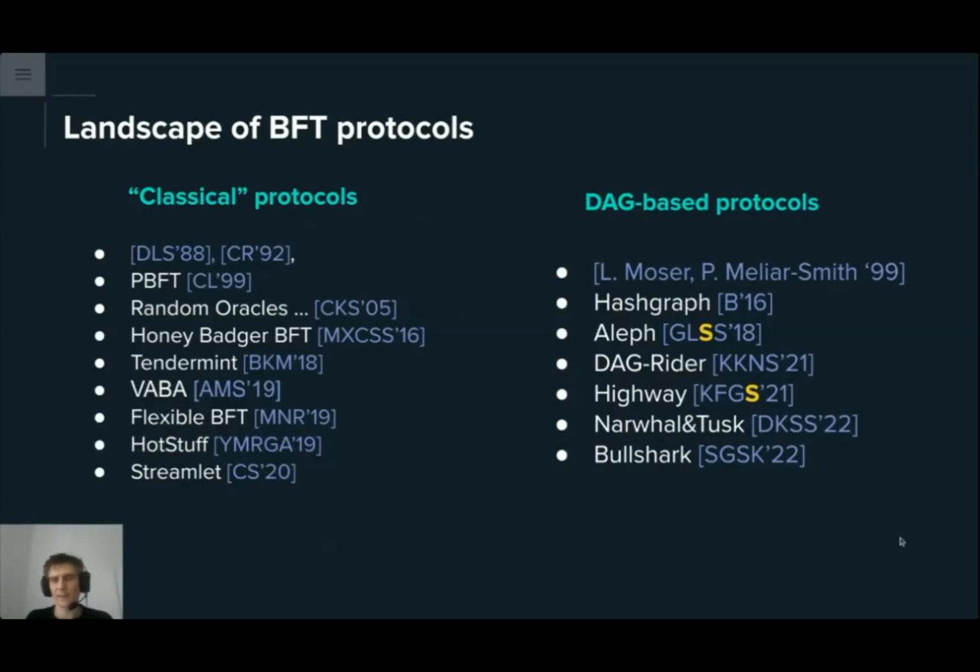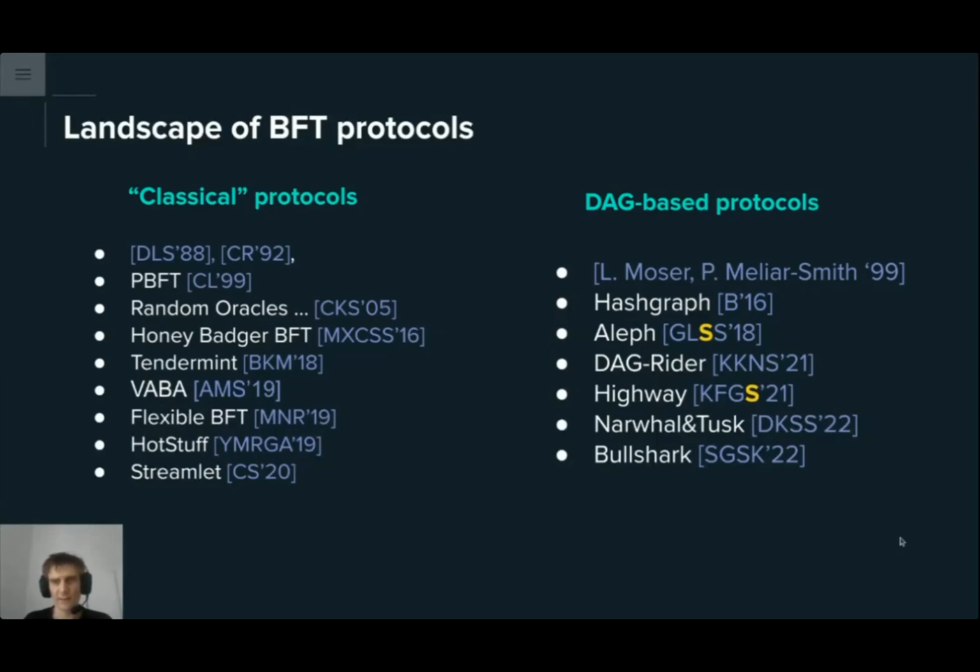Then on the right-hand side, I compiled a list of what I consider as DAG-based protocols. The first of them is the work of Moser and Meyer-Smith from 1999, where they introduced a very interesting protocol and an idea called virtual voting. I will explain this idea at some later slide, but it is the very core idea in DAG-based protocols.